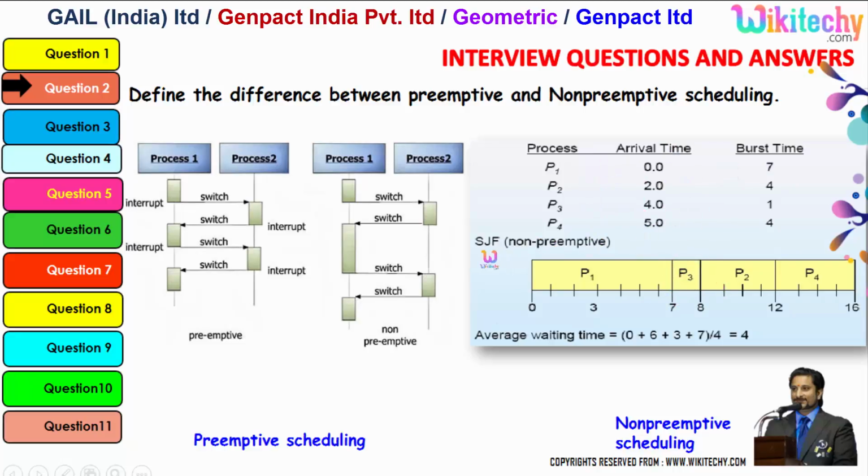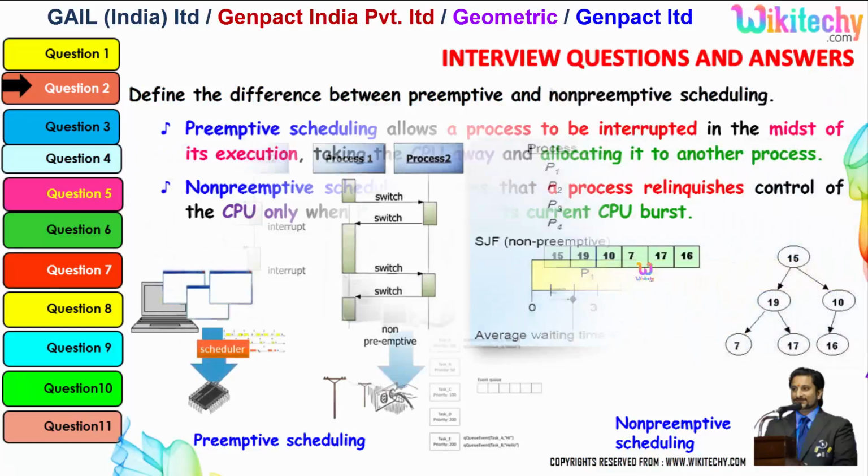Since it's shortest job first, among P2, P3 and P4, which one is the shortest job? The shortest job which came in while waiting. So P3 will be executed, and afterwards P2 and P4 are the same, but P2 came first. So P2 is executed and then P4 is executed. This is how non-preemptive scheduling works.